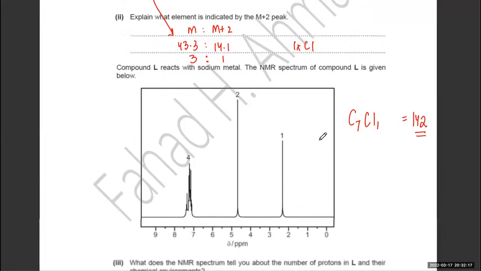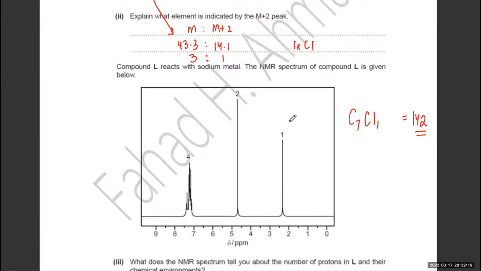Then they show me the NMR spectrum. So what do you think is missing? How do you get to 142? 7 carbons is 12 times 7, and there is 1 Cl, so that's 1 times 35. Remember, I'm talking about the M peak, which is made due to the lighter isotopes.